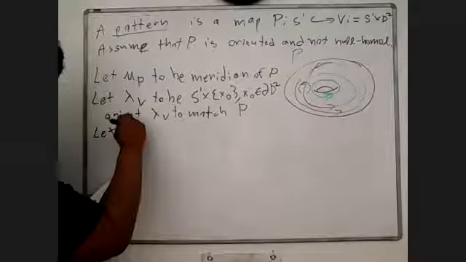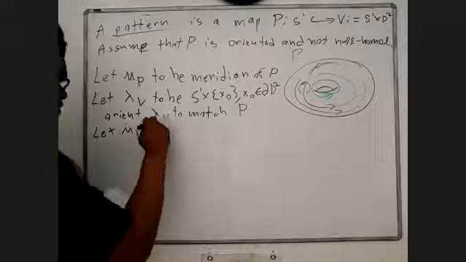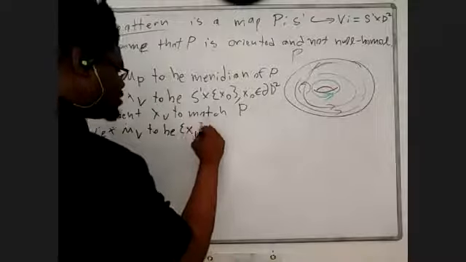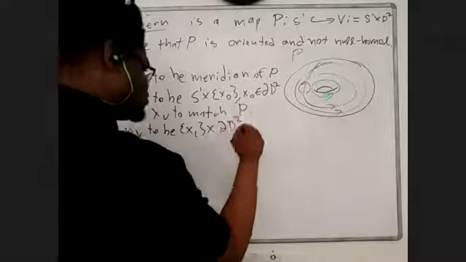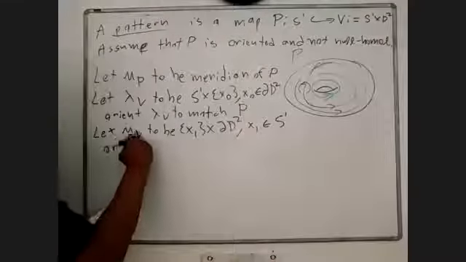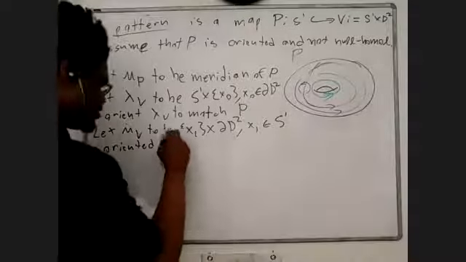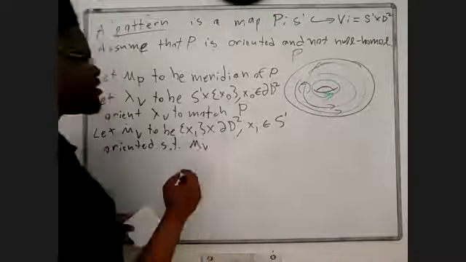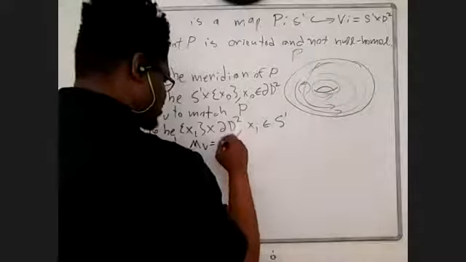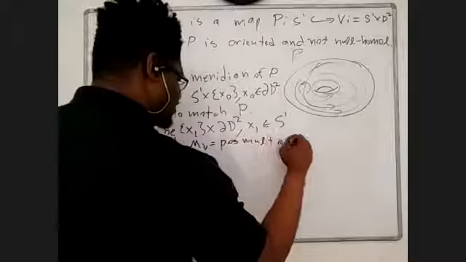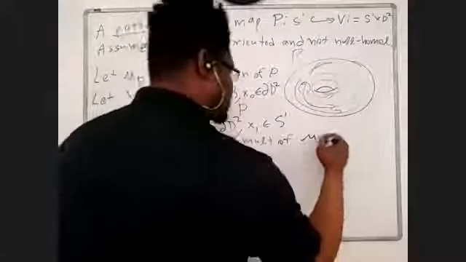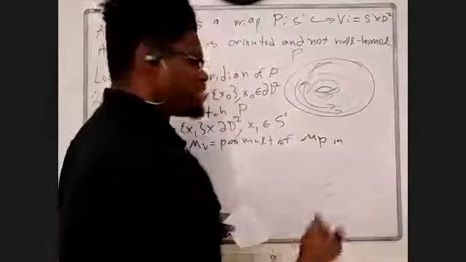And now let's define mu v. It's going to be some point across the boundary of D2, oriented such that this meridian is some positive multiple of the meridian of the knot in the complement.